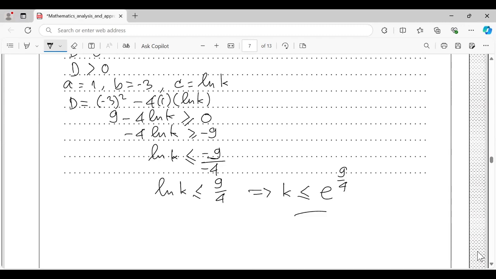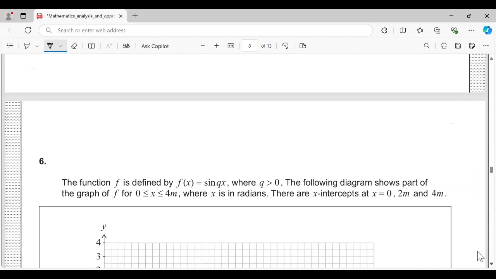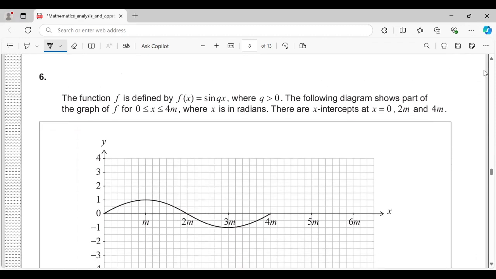Next, number 6. The function f is defined by f of x equals sine qx, where q is greater than 0.